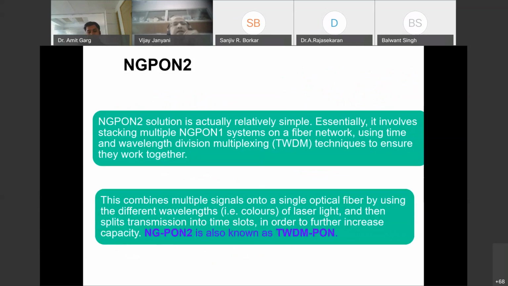So vendors moved from GPON to NGPON 2 directly. You might recall that in computers, CDs and DVDs were used earlier. Then there was Blu-ray, and then there was the USB stick.